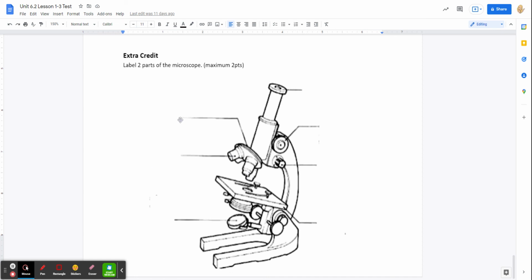And the last one is pointing towards this little piece right here that holds the things that magnify, and you can rotate it. So remember, you really only need to label 2, but if you want a better chance of getting all the points, just in case you get one wrong, feel free to label as many as you know.